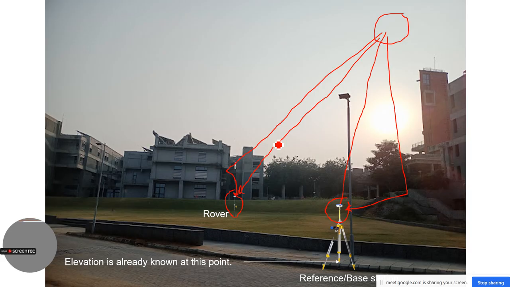But let's say in an area where you do not have any reference point, in that case we will take a long reading at one location only, for a longer time. For the base station, we take a longer-time reading and consider whatever we get at the base station to be correct. Then we take the same reading one more time and find out the error. So at the base station, two readings.